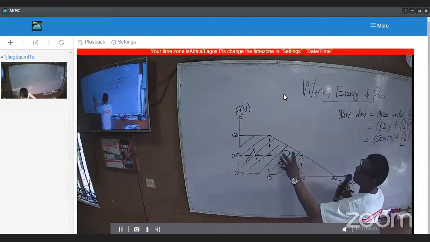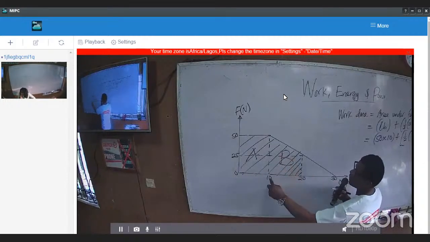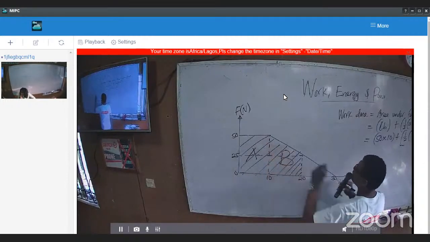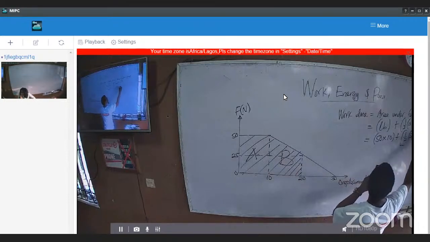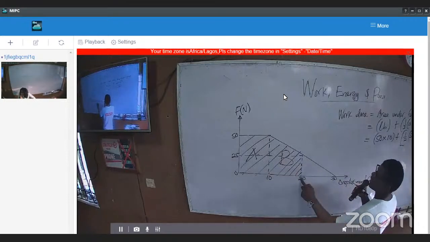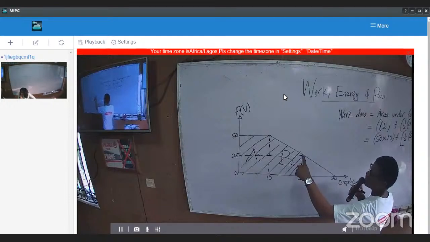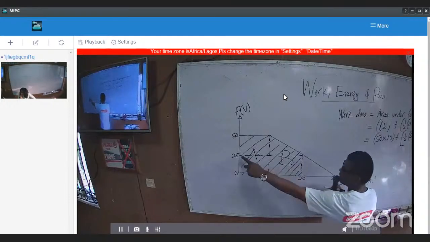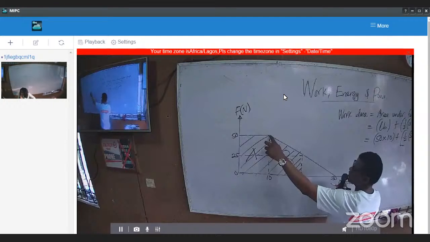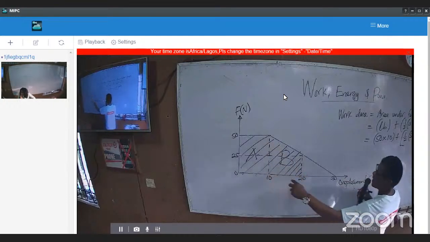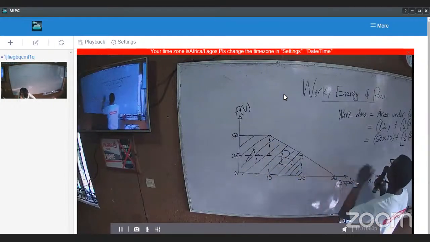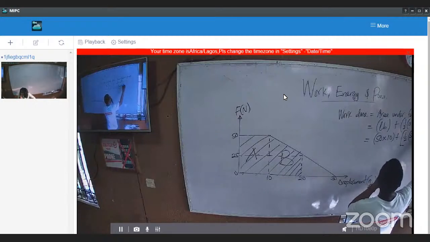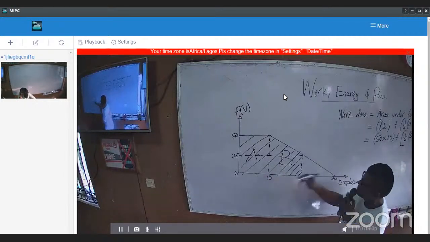This one here is a trapezium. The parallel sides: from here to here is 50, and from here to here is 25. The distance between the two parallel lines is 10.